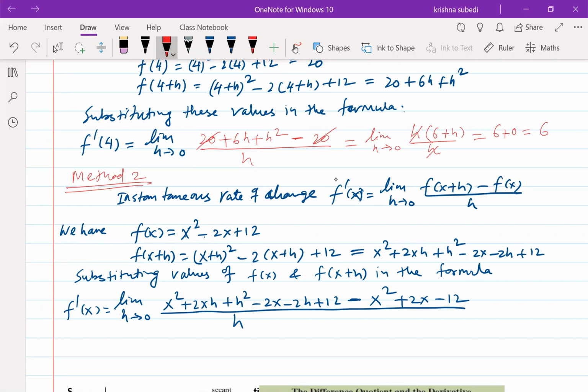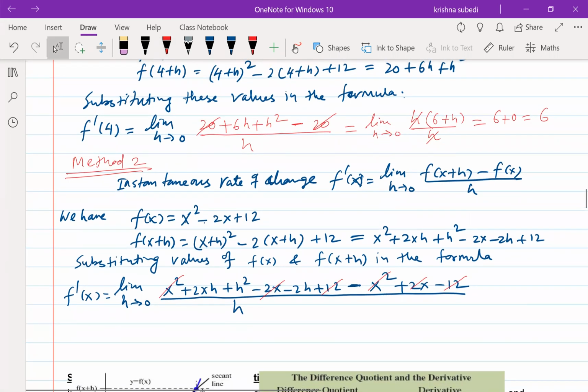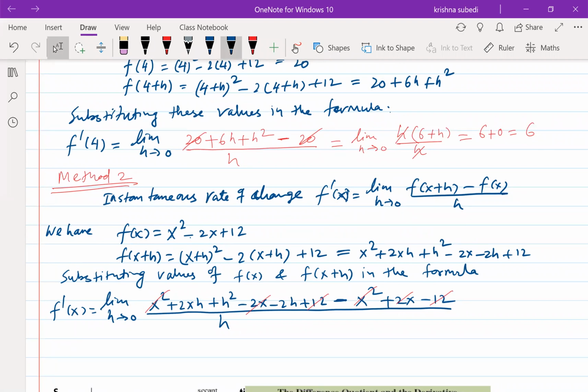Now, when we simplify the top part, the x squared positive and negative cancel out, 2x cancels out, 12 and 12 cancel out. Now, what is left here is limit h tends to 0. If you plug in the value directly, what happens? You'll get 0 over 0. So that means it's undefined.